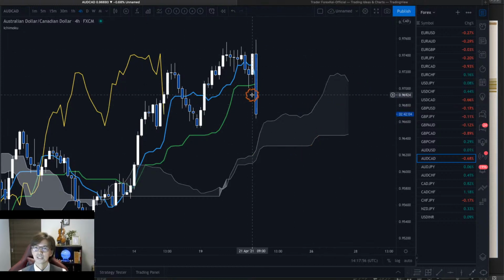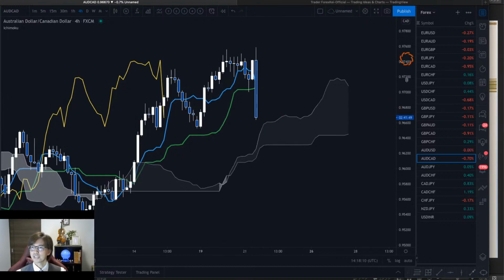The Kumo flat, Kijun Sen up, Tenkan Sen down. They're going against each other, so this is ranging. Chikou span is now breaking the candles, so the market is now into the range. This is not the downtrend, but this is into the range in forward chart.